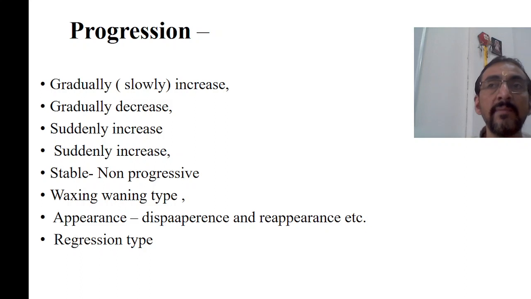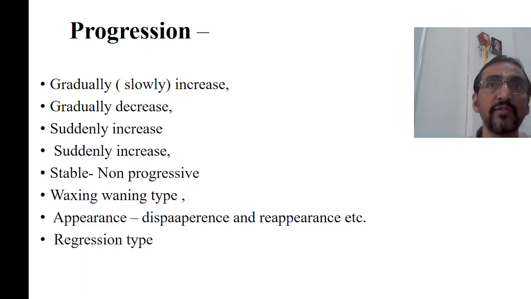Suppose fever has started: it is gradually increasing, gradually decreasing, or stable. Gradually increasing means it is a bacterial fever, gradually decreasing means viral fever, and stable means it may be some immunological fever. So progression may be gradually increasing, gradually decreasing, suddenly increasing, or suddenly decreasing.